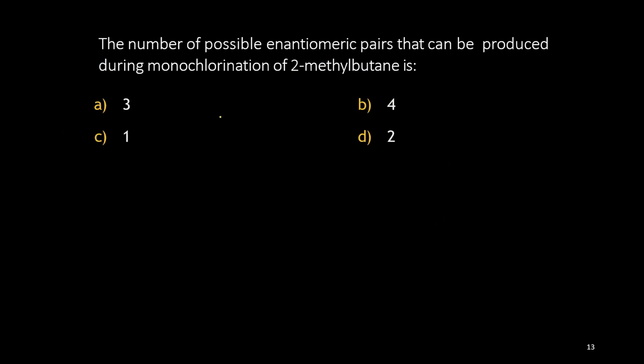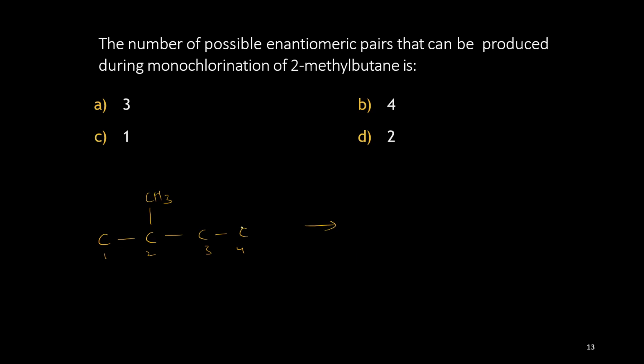So here it is asking monochlorination of 2-methyl butane. So what is the meaning of 2-methyl butane? Butane, so 4 carbons. On the second carbon, there is a methyl group. That's what 2-methyl butane means. So there is CH3 here. So how many possible ways can I make a product? How many different types of products can I make?